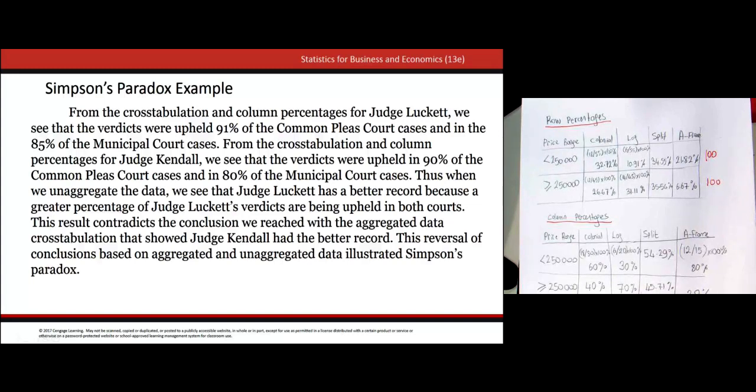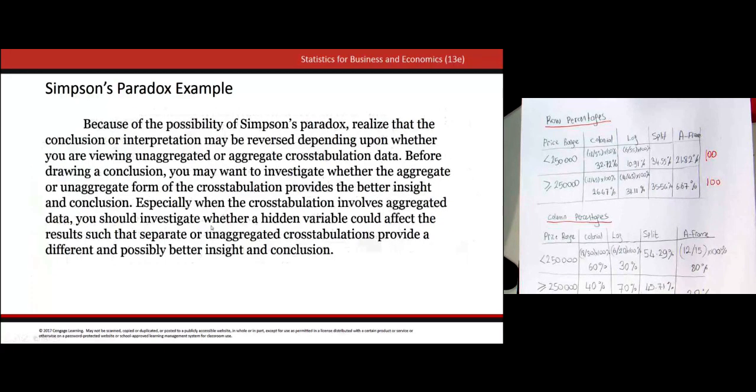If we look at the aggregated data, we conclude that Judge Kendall is doing better. If we look at the unaggregated data, Judge Lockett is doing better. So the conclusion is totally reversed. Because of the possibility of Simpson's paradox, the conclusion or interpretation may be reversed depending upon whether you are viewing aggregated or unaggregated data.